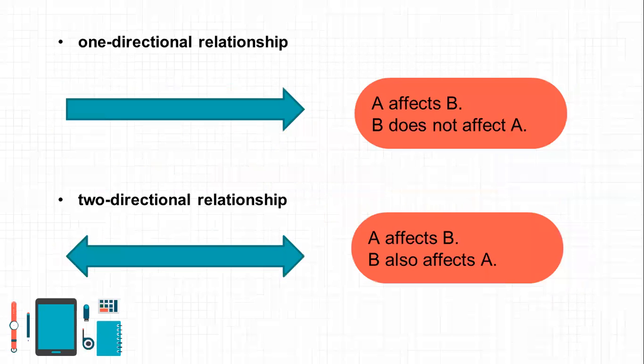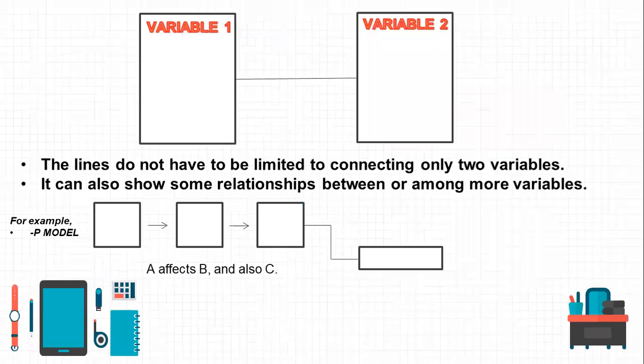We have here one directional relationship, in which A affects B and B does not affect A. We have also here two directional relationship, in which A affects B and B also affects A. Hindi tayo basta-basta gagamit lang ng shapes and arrows sa ating CF.